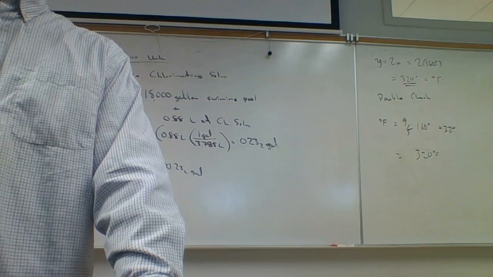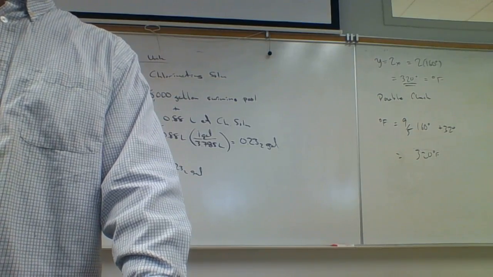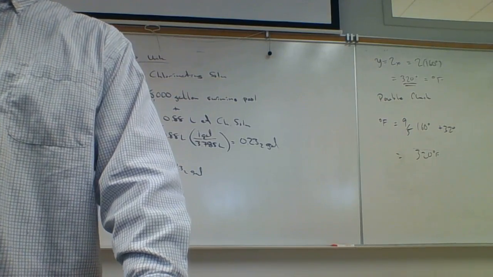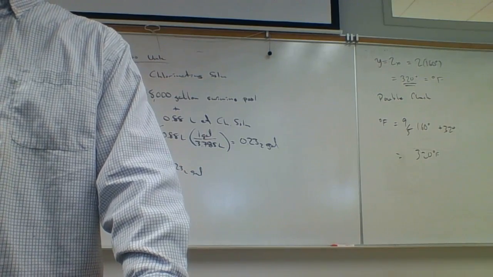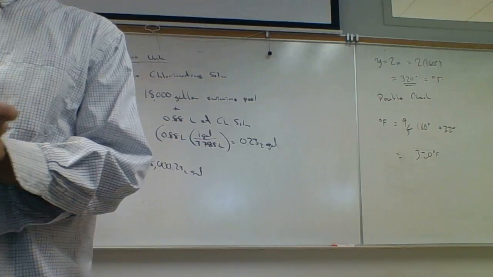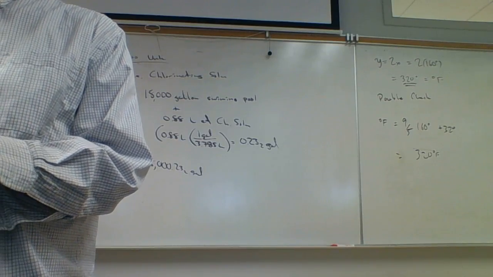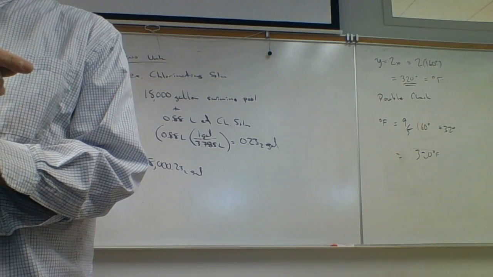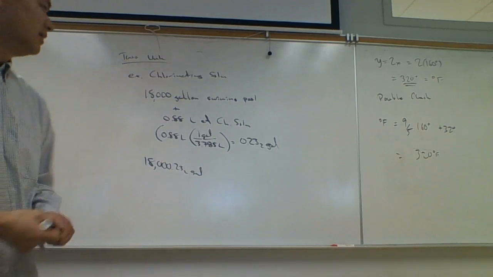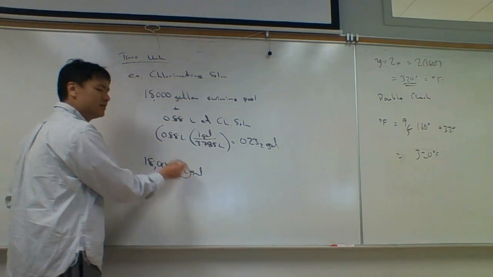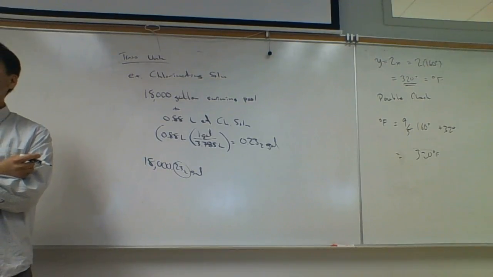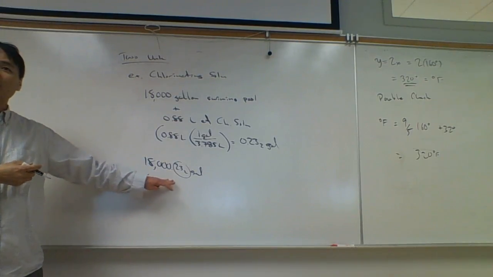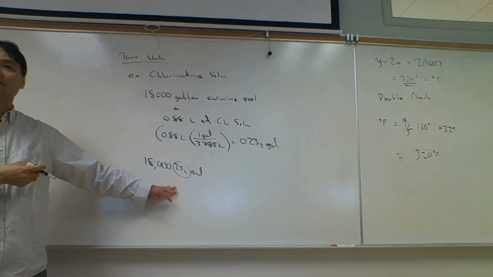I can just count the number of students and divide the cake based on that, or I can count the total number of people. And if I count the total number of people, I'm missing one, me, right? And so this is what you did. You're missing one person. One person is going to be left out. Who's going to be left out? The 0.232 gallons is left out because they didn't get the chlorine. Everybody else got the chlorine, the 18,000, but that 0.232 is missing that slice.